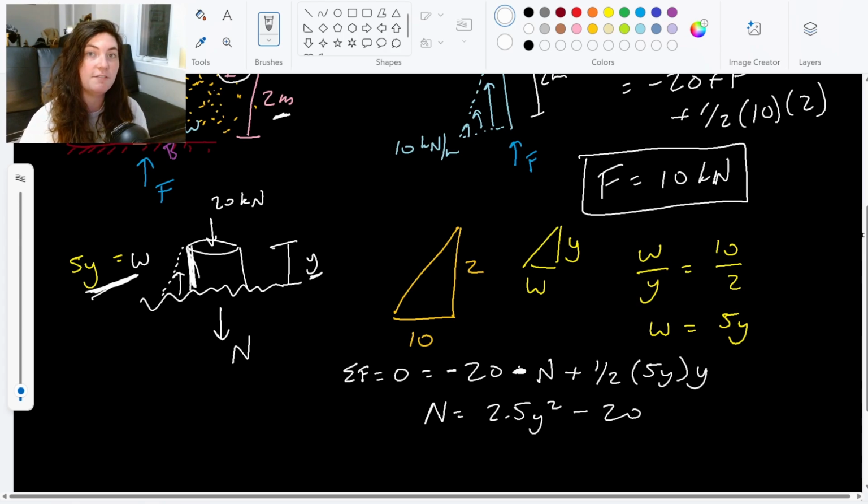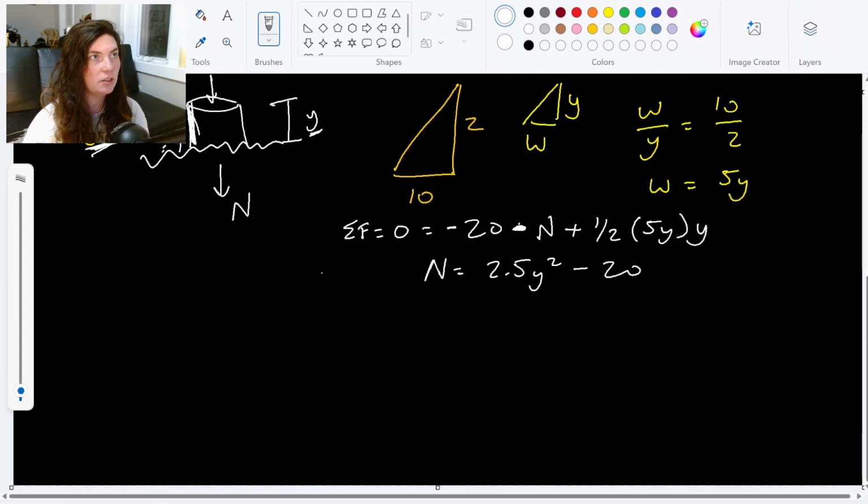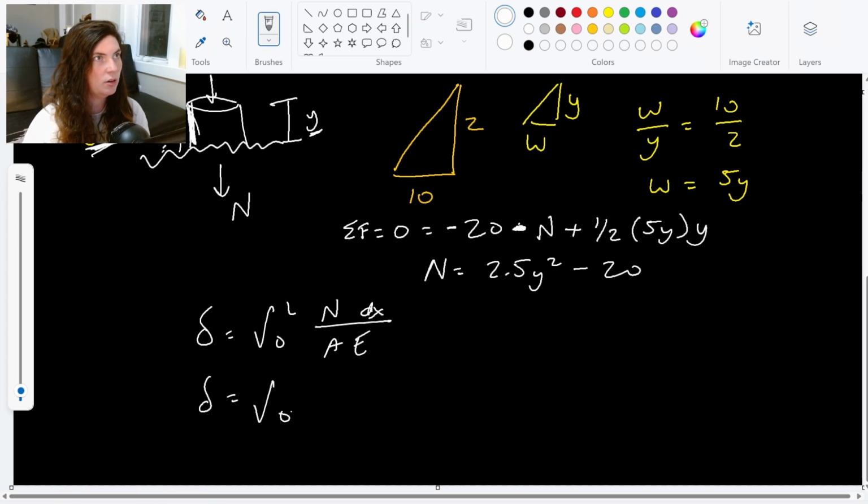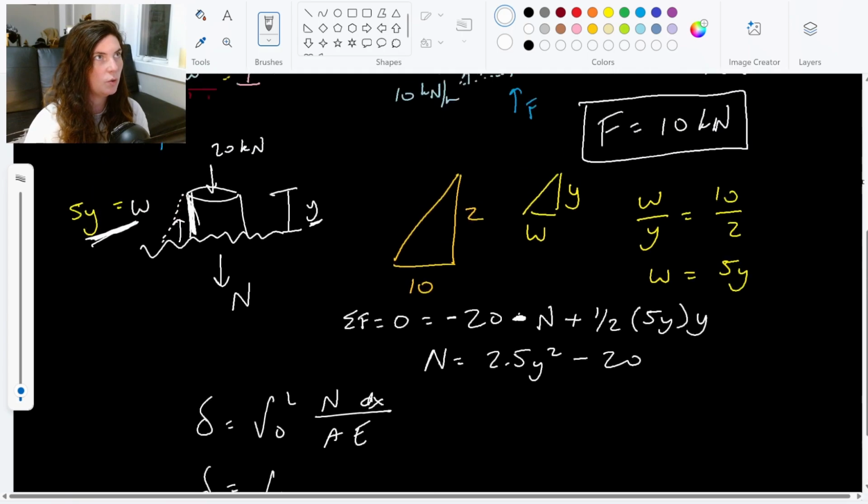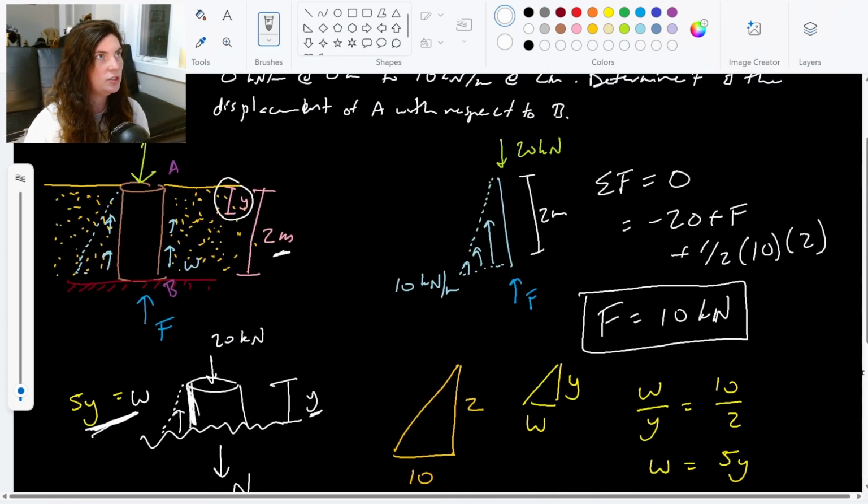So now that I have a function I can use, I can go ahead and use that axial load displacement equation. The displacement is the integral from 0 to L of N dx over AE. Here, from 0 to L, the total length is the 2 meter height of the log.